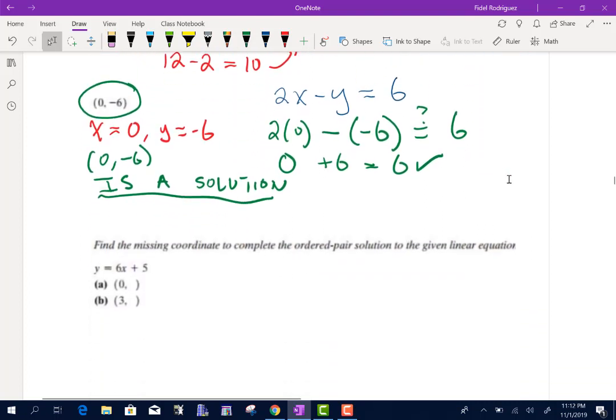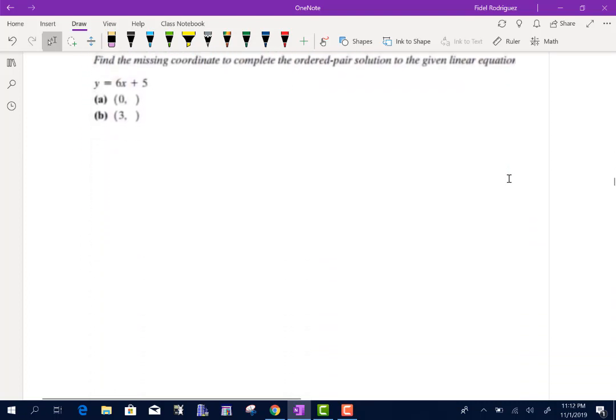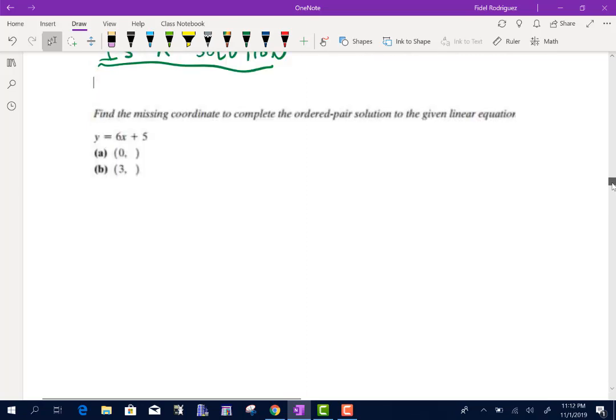Let's see if we have something similar here. Let's come back a little bit to the top. There we go. Okay, so the next part says find the missing coordinate to complete the ordered pair solution to the given linear equation. All right, so the equation we have is y equals 6x plus 5.